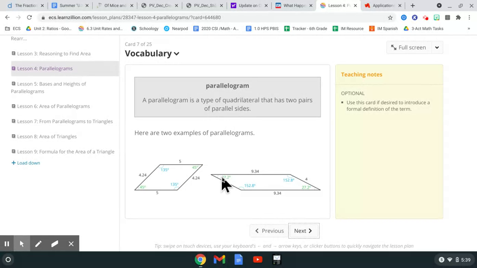Also notice that opposite angles in a parallelogram are the same. So this angle is 27.2 degrees, and so is this one. So opposite angles are equal, opposite sides are equal, 4 sides and 2 pairs of parallel sides.